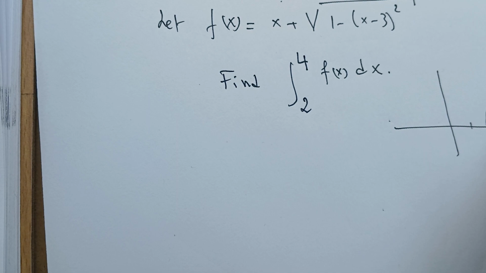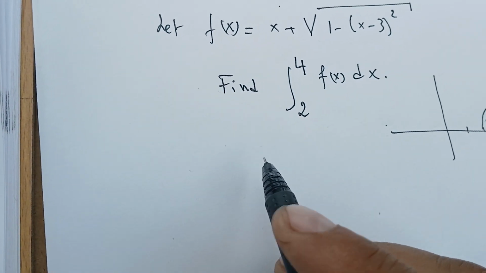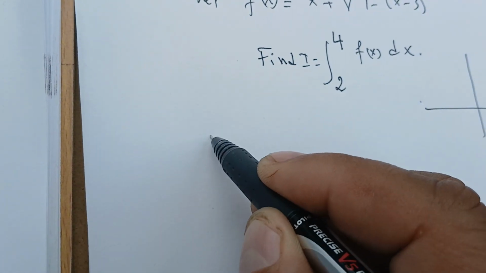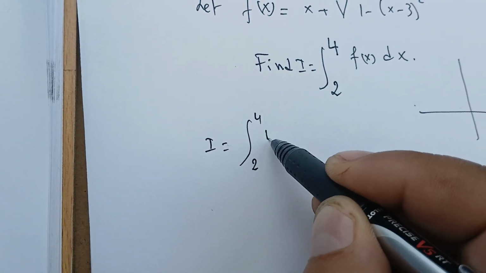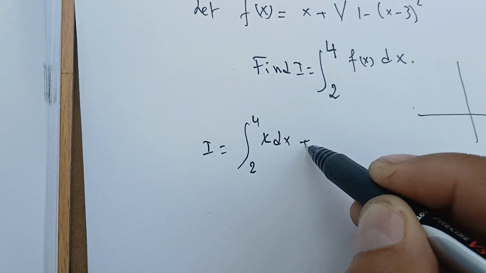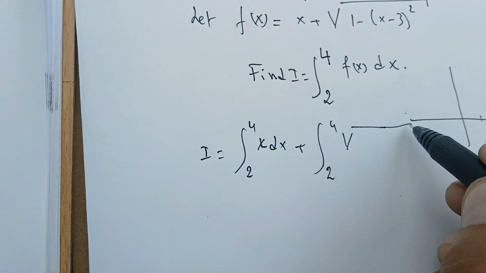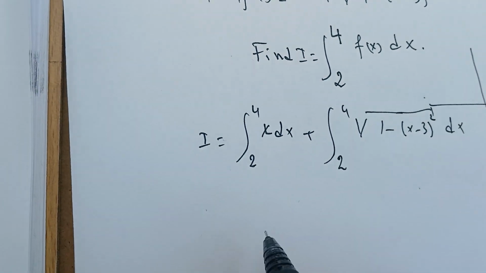And we can split this integral, let's call it I, in the following manner: the integral between 2 and 4 of x dx plus the integral between 2 and 4 of the square root of 1 minus (x minus 3) squared dx.